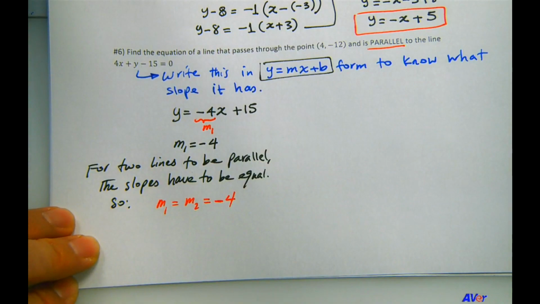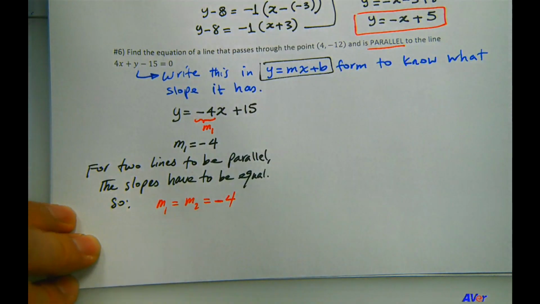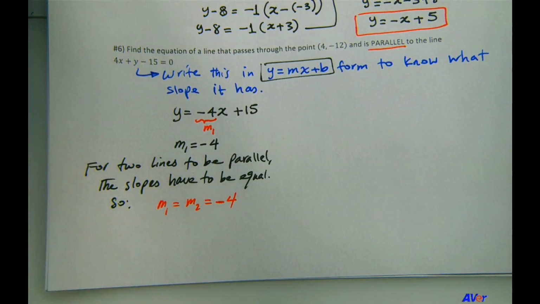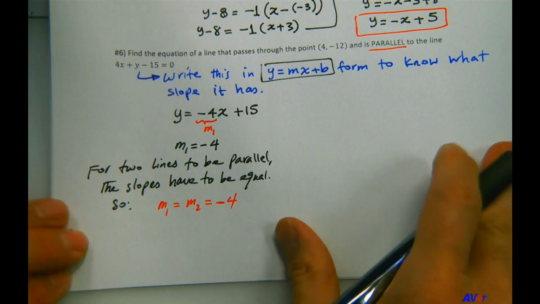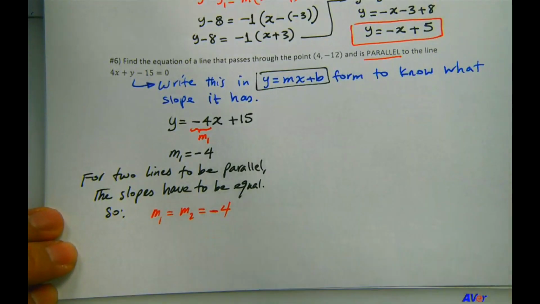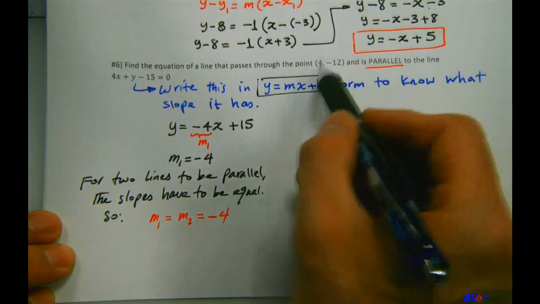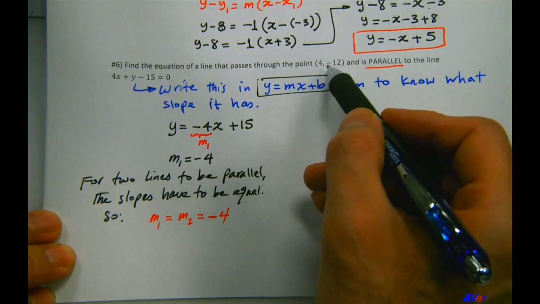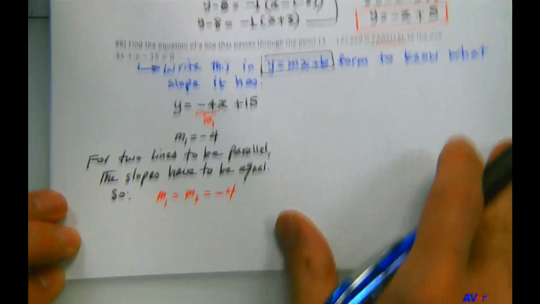Okay, so we have not found the parallel line yet, but we know its slope must be equal to negative 4. Otherwise, it's not going to be parallel to this line. Okay, so now we know the slope of the parallel line, and we know which point it passes through. So let's find the line.